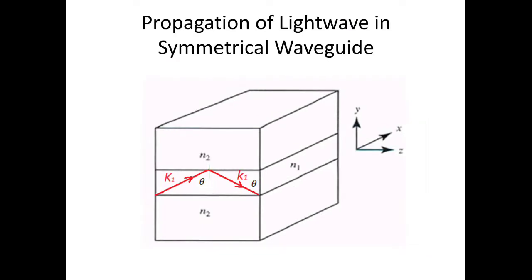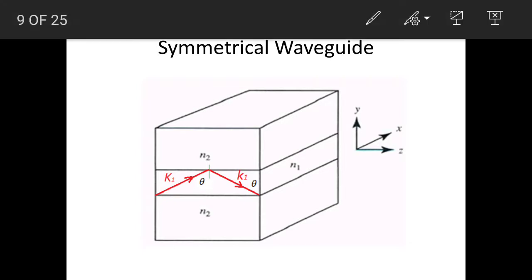Now we consider the propagation of the light wave in the symmetrical slab waveguide. We consider the light ray which travels in the central layer. The propagation constant of the light ray is represented by K1.